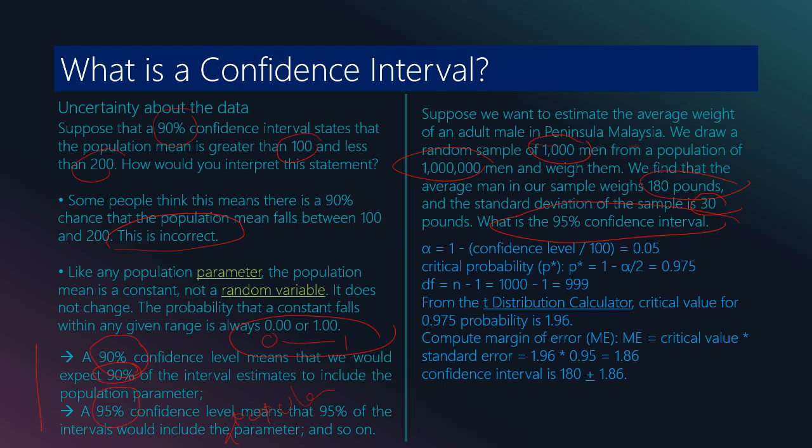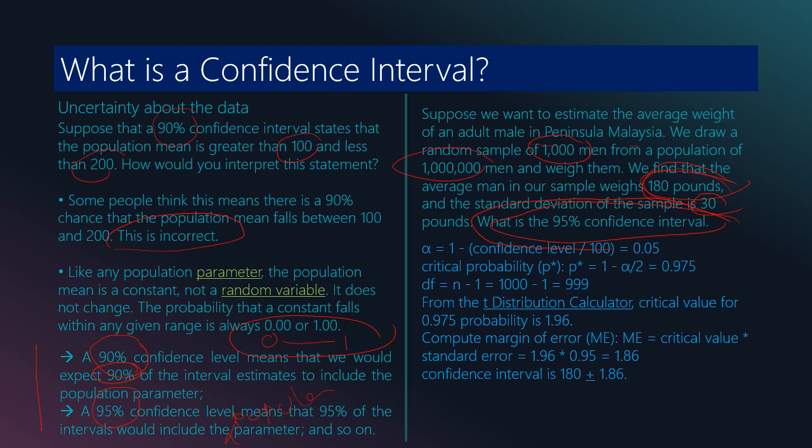So this is how we determine the uncertainty about our findings. So we found out that the average is 180 pounds, and then the standard deviation is 30 pounds.